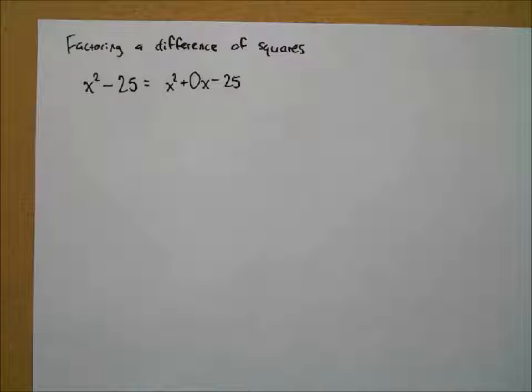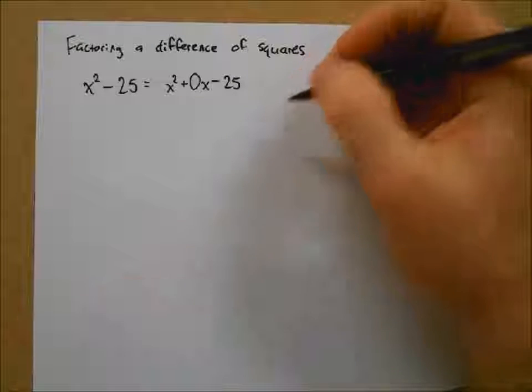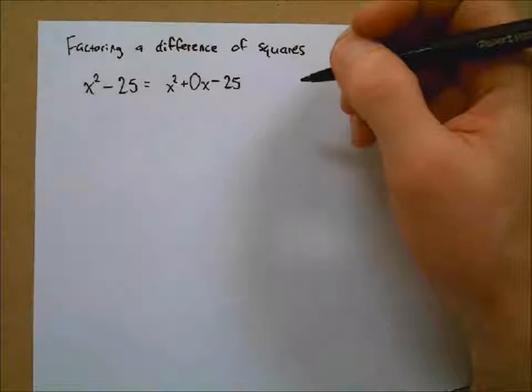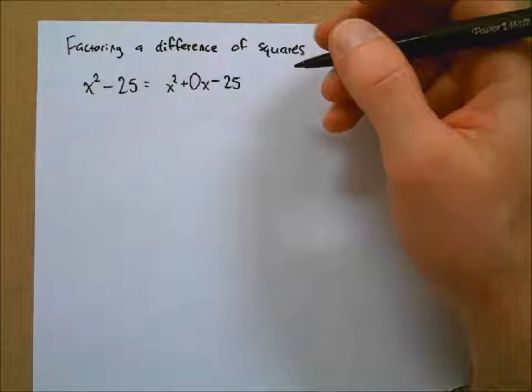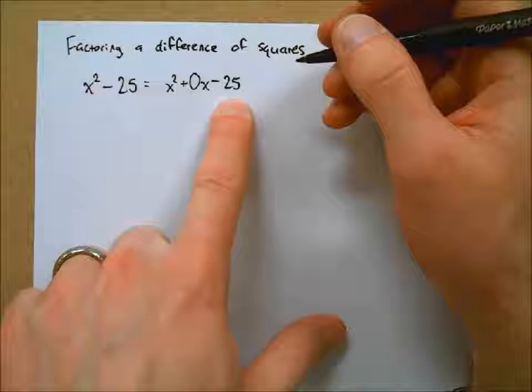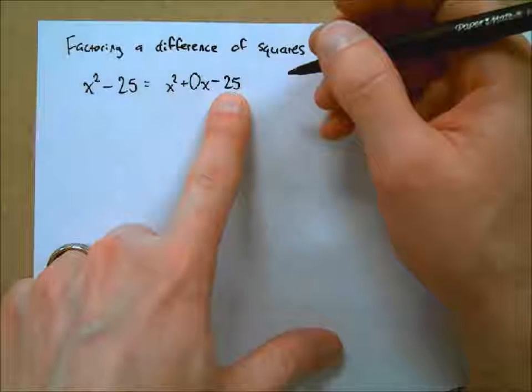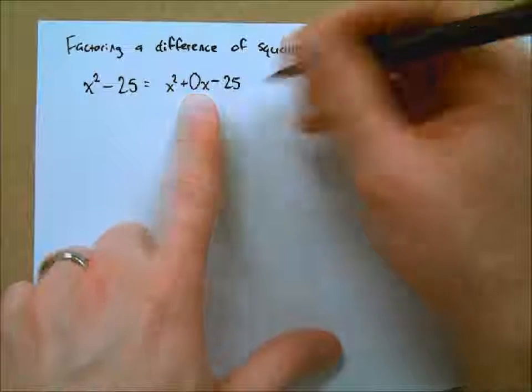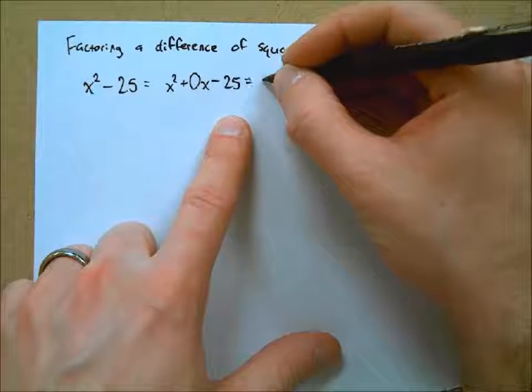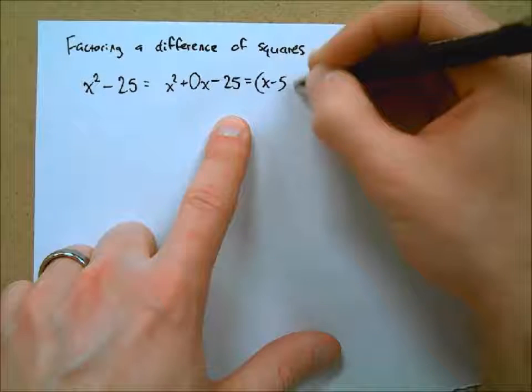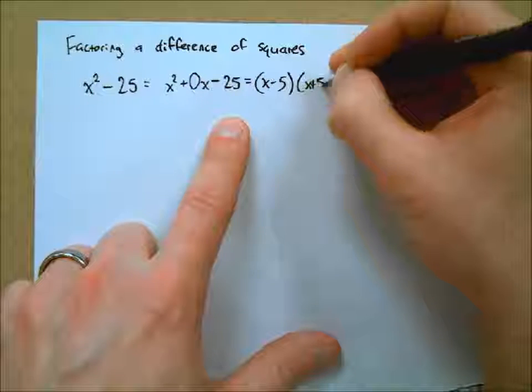You can now factor this using our previous rules, right? Here, we're looking for two numbers that multiply to make negative 25, but add to make 0. Negative 5 and 5. So x minus 5 and x plus 5. Exactly right.